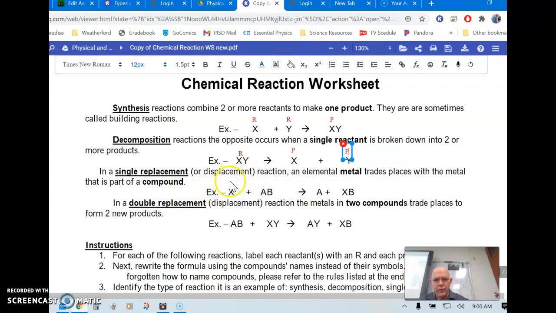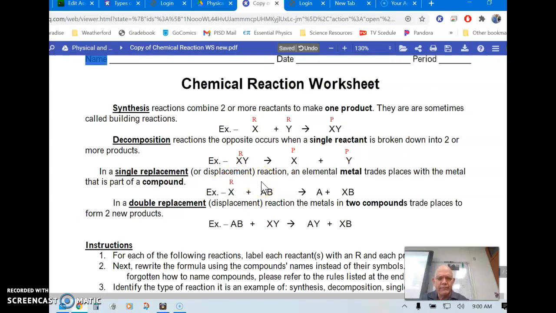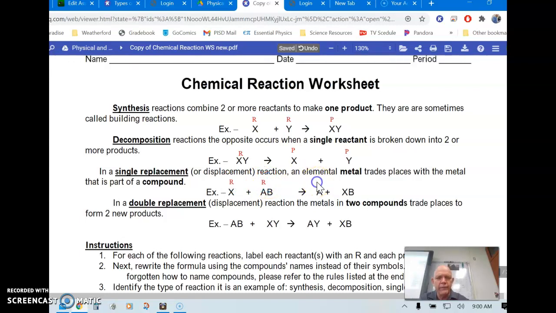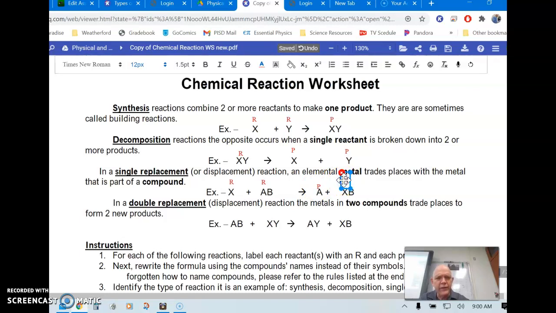So here we have a reactant and we have a reactant. And over here we have two products as well. A and XB over here. These are both products.